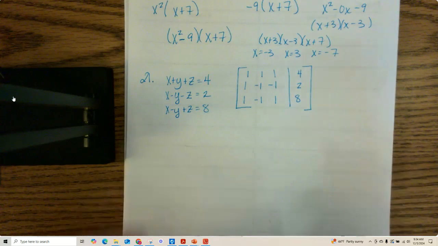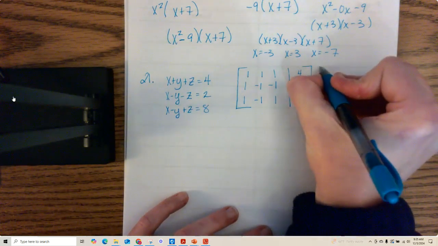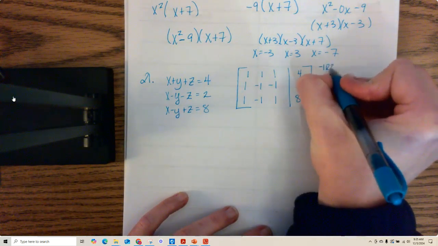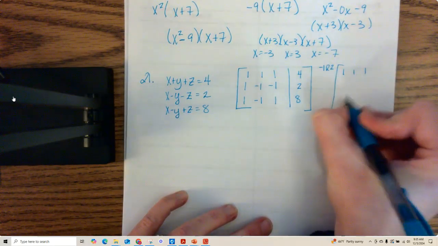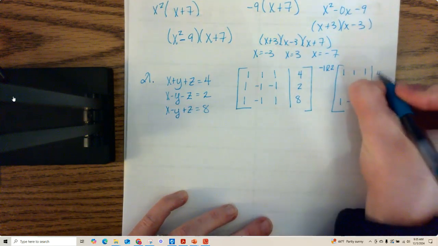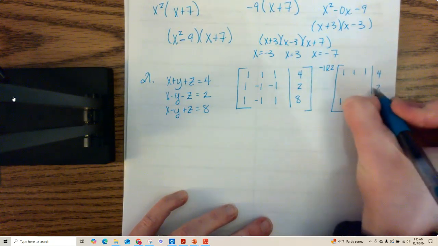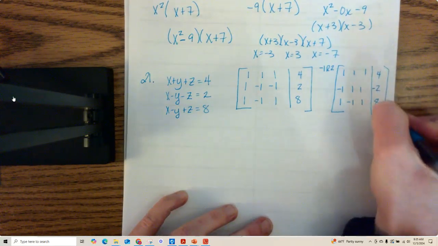All right, I'm going to try to wing it and do this. I'm going to do -1 times row 2. So everything else is going to stay the same, and row 2 is just going to change its signs.